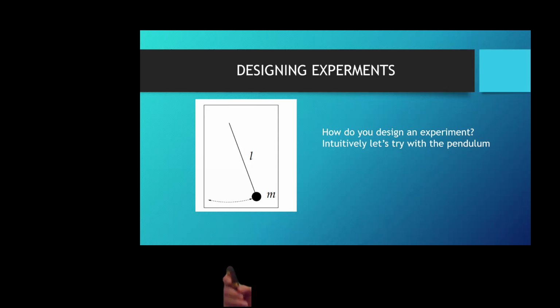Let's assume you are in the times before Newton and all these guys, and somebody asks you, try to design an experiment to see what happens when I change the length and when I change the mass. For example, if I put this mass double, or if I increase this length to double, or if I decrease the length, what happens with the oscillation rate?